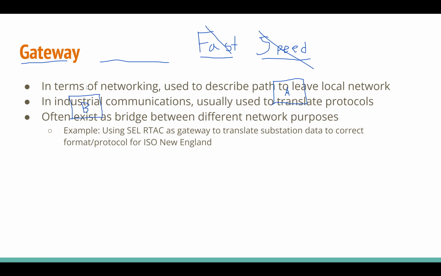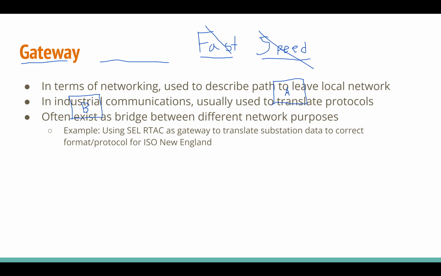So there are these two different terms for what a gateway is, but what you'll very commonly find is that they end up doing both of these functions at the same time. Where you're doing your signal translation is also the edge of your network. Your substation is talking one communication protocol, and your control center is talking a different protocol.